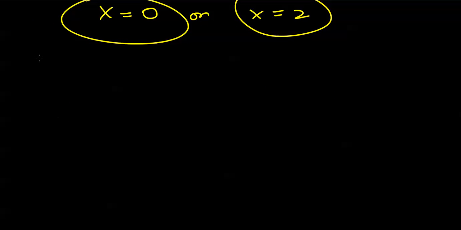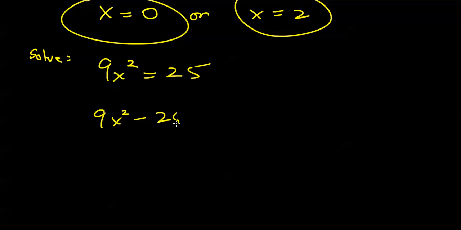Let's try another one. Solve 9x squared equals 25. Alright, again I will arrange my terms in decreasing degree and set it equal to 0. So all I need to do here is really subtract 25 from both sides to get it in what we call standard form.